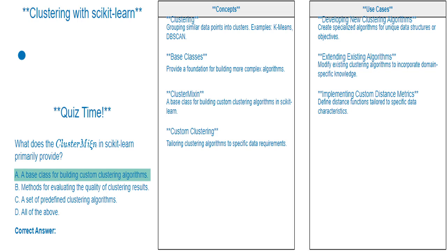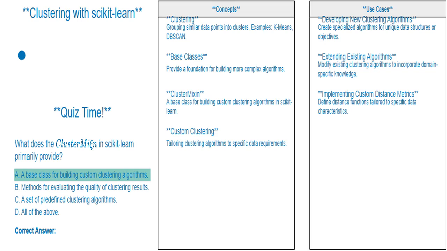It provides common methods and properties required for defining the core logic of your custom clustering algorithms. The cluster mixin streamlines the process of developing new clustering algorithms by offering a structure and fundamental functionalities, allowing you to focus on the specific logic of your algorithm.